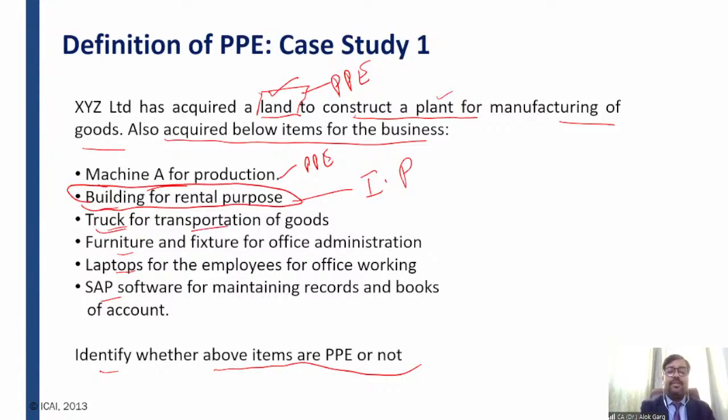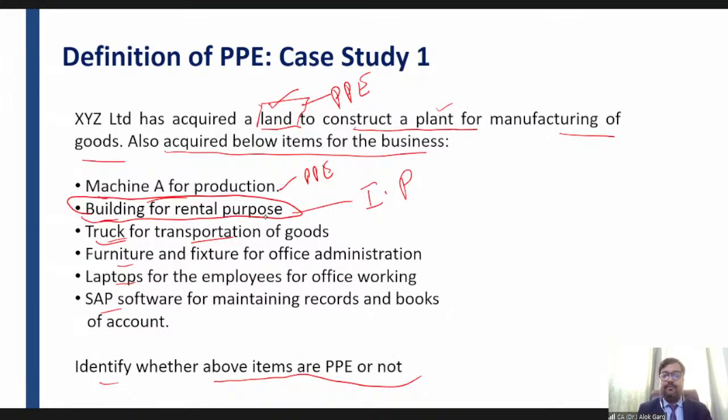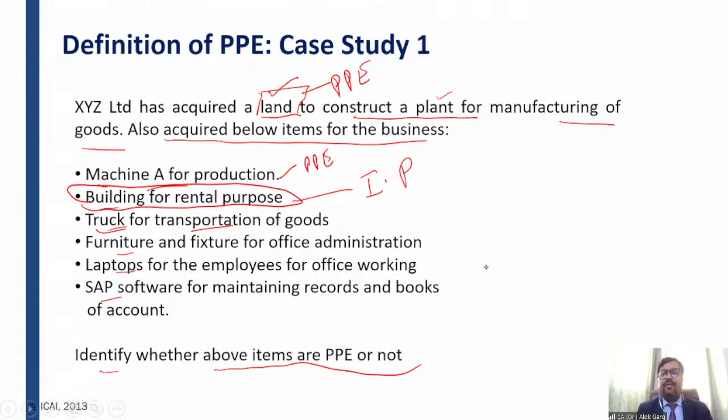Truck for transportation of goods, is it a PPE? Yes, truck for transportation of goods is a PPE. It is property, plant and equipment, right? The tangible item is held for supply of goods and services, right?